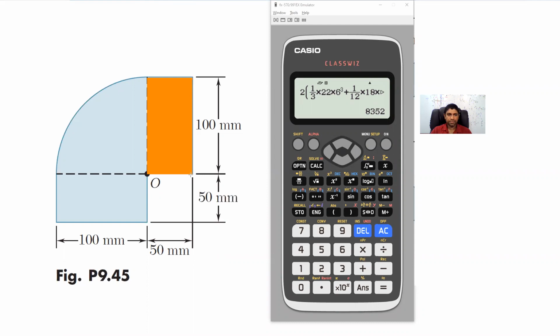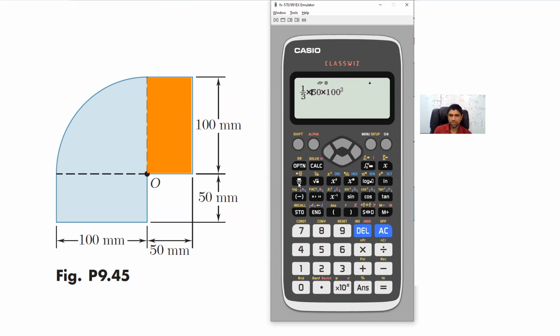So there's a rectangle. For this rectangle, we can find the polar moment of inertia by adding Ix and Iy. Ix is 1/3 times base 50 and height 100.